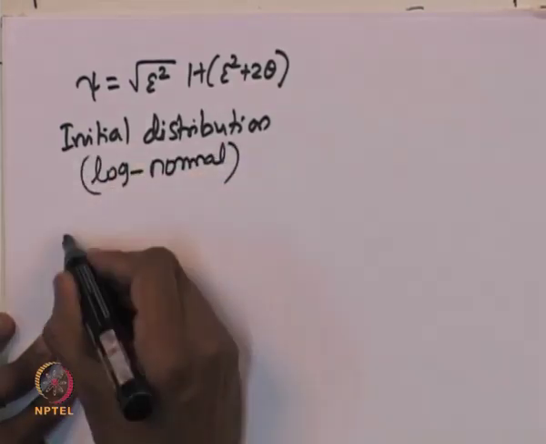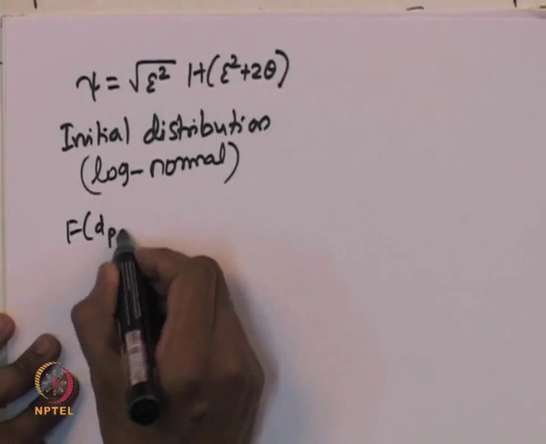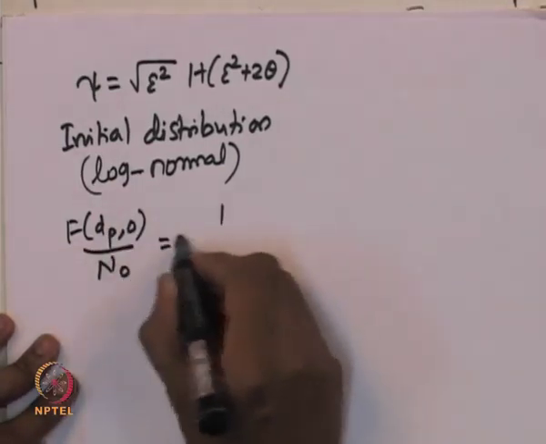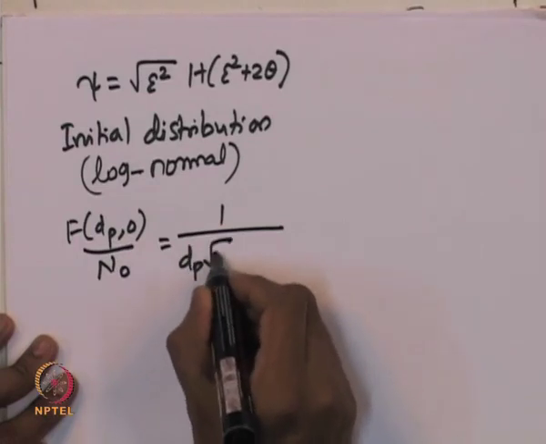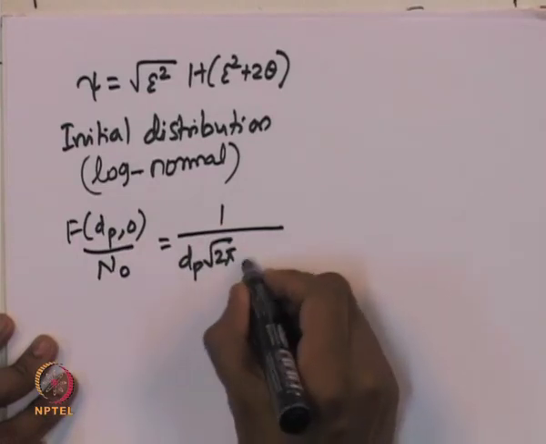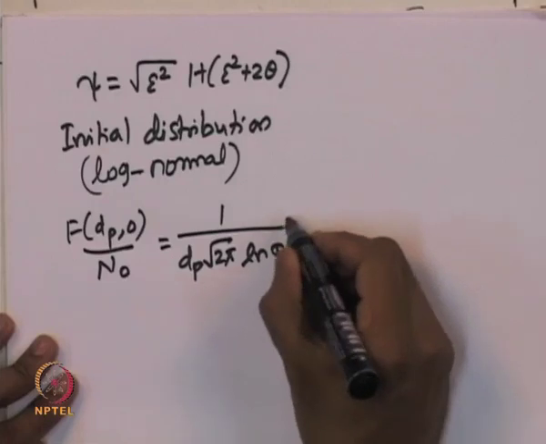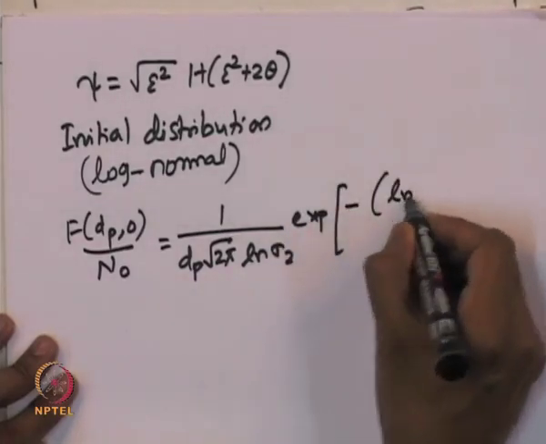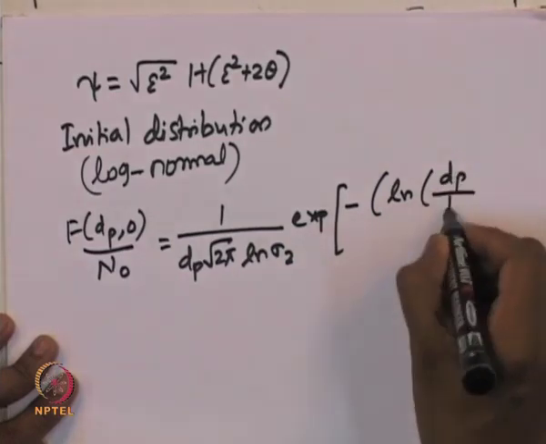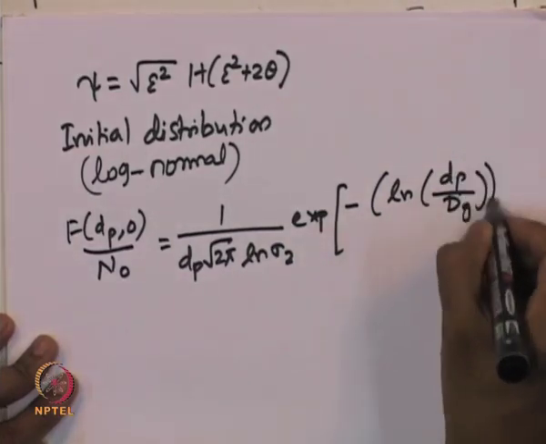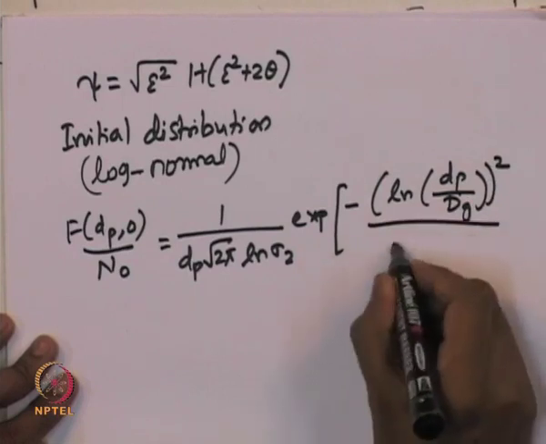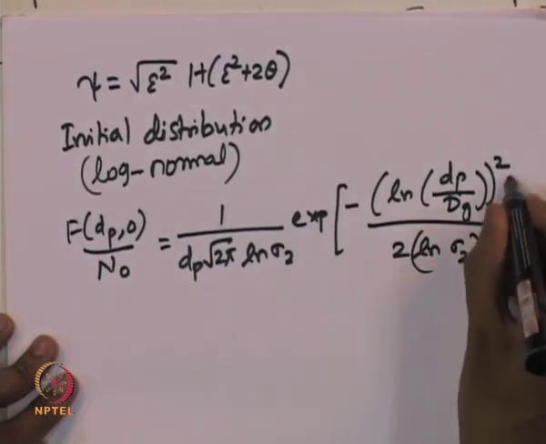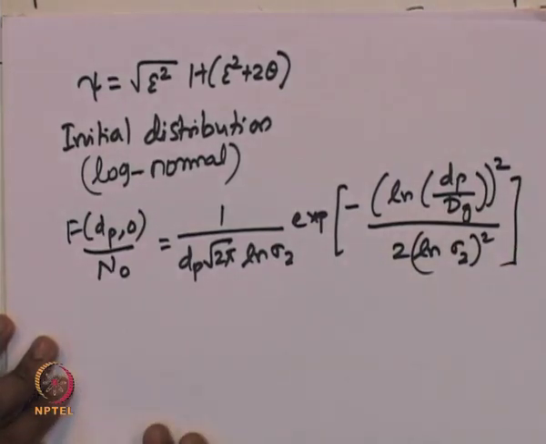So, the log normal distribution is as it goes here: 1 by root 2 pi into ln sigma g into exponential of minus ln of dp by dg the whole square divided by 2 ln sigma g whole square. So, that is the initial distribution.